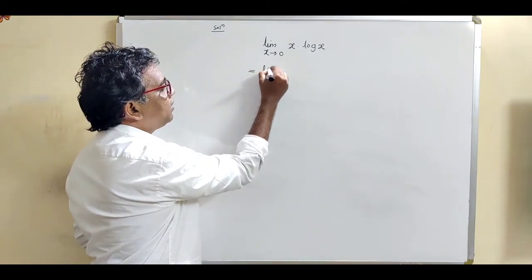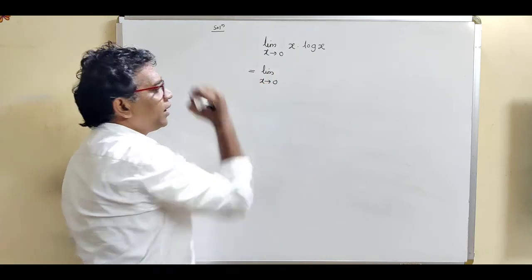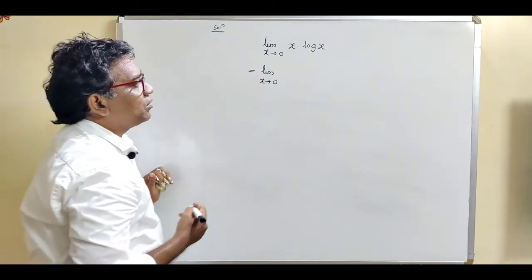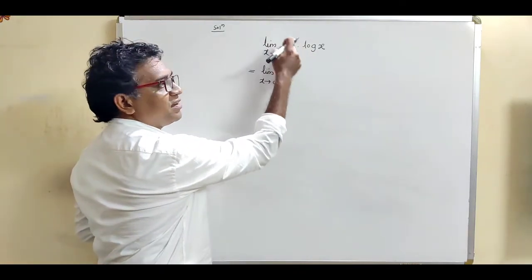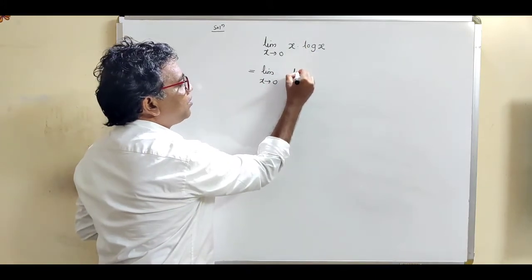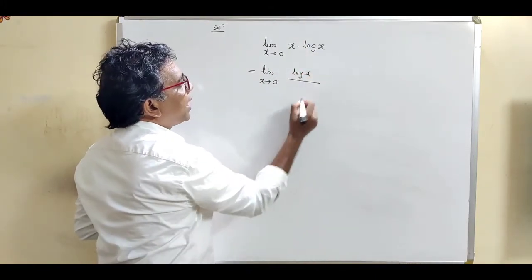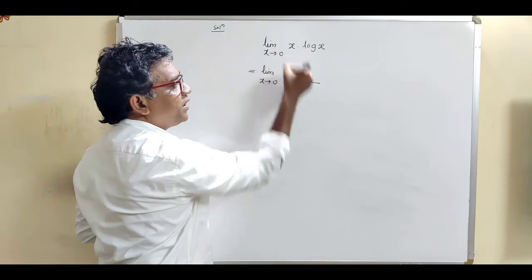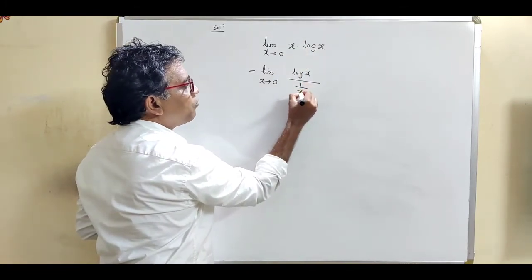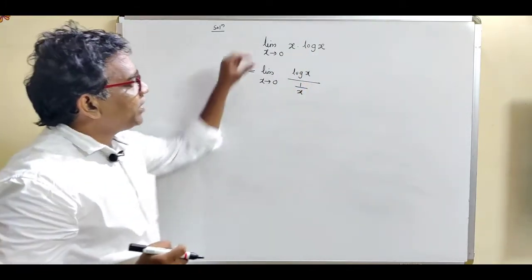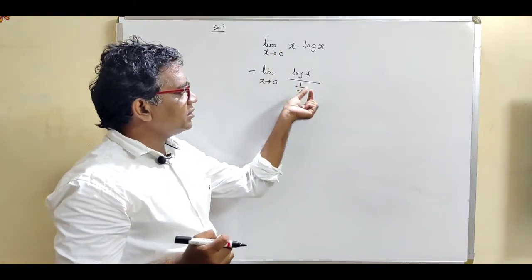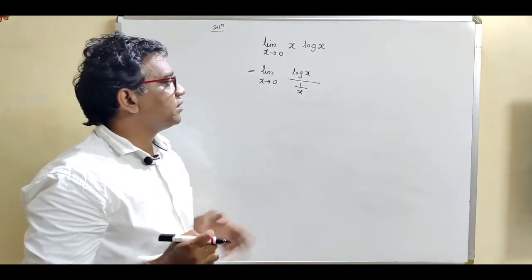So this is limit x tends to 0. Now this is something easy. Just write down log x as it is and transform the first term in the denominator, so it becomes 1 upon x.